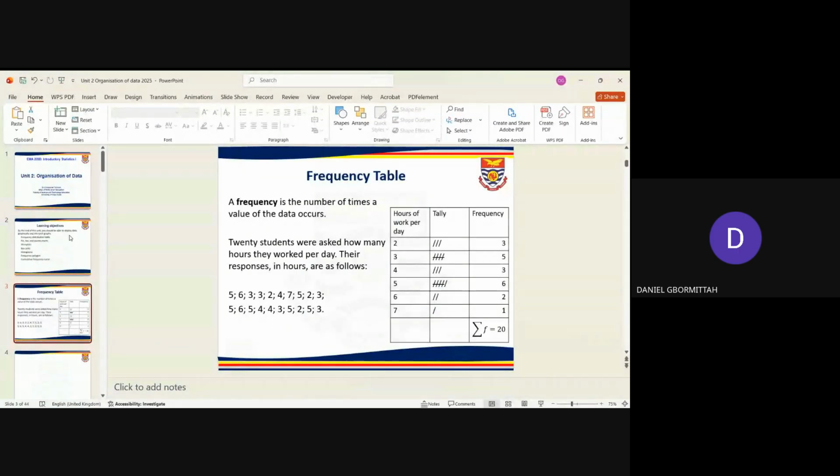Once you have organized your data like this, it is important for you to tell how many people were involved. Statistics would answer that question. So you find the sum of all the frequencies, and that will give you the total number of people that were involved.